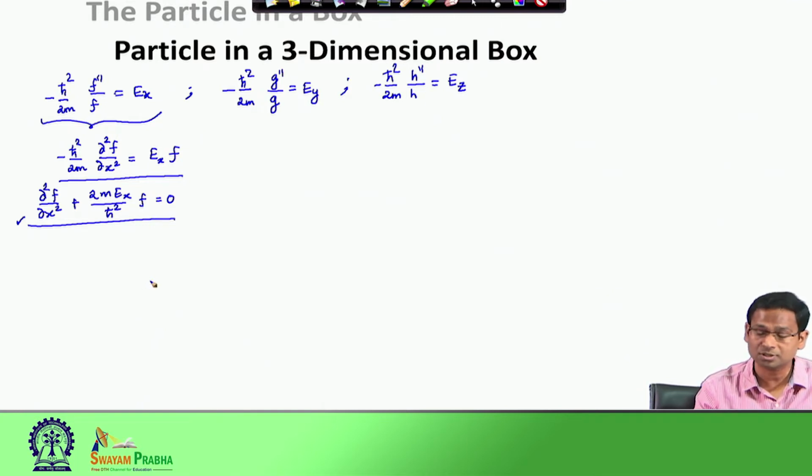put boundary conditions, and here, like the particle in a 1-dimensional box, we have to have the same boundary condition: that at the interface along the x axis, the wave function must be continuous.